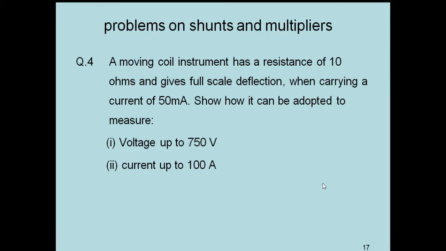With this we can get some clarity. They have given the meter resistance as 10 ohms and the current rating of the meter as 50 milliamperes, and they are using the meter to measure a current up to 100 amperes.